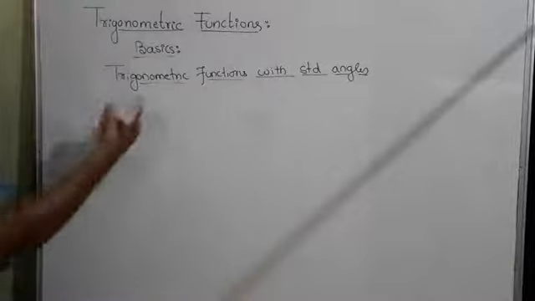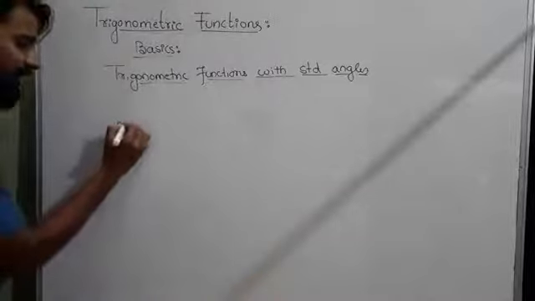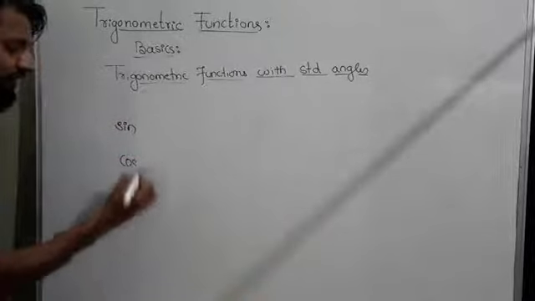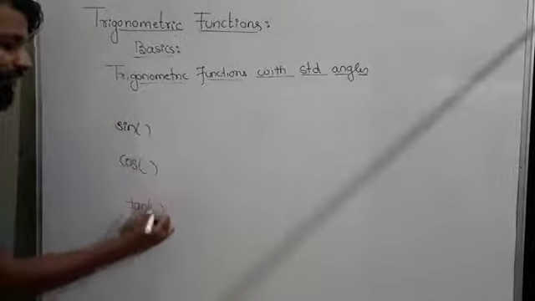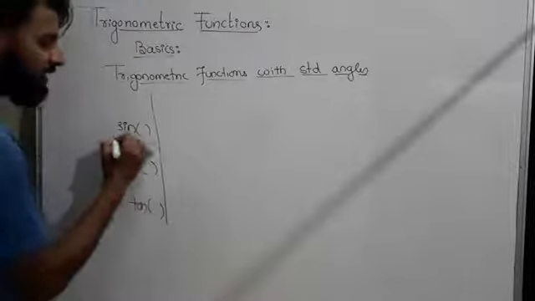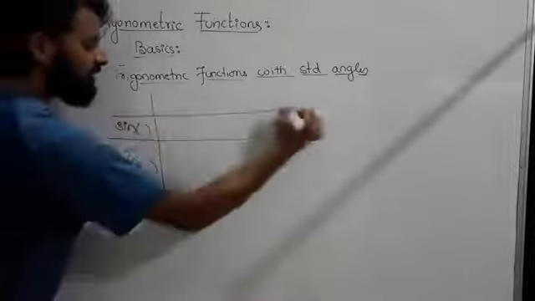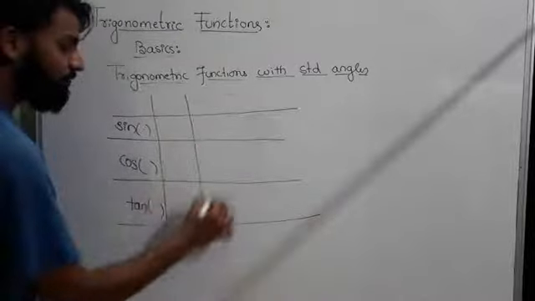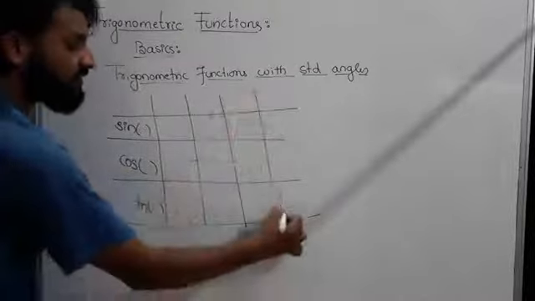What is that table? Trigonometric functions. I'll have sine theta, sine, cos and tan. I'm not writing the angle here, I'll tell you why, because I'm going to write the angle somewhere here. I hope all of you know this table very well. Yes or no?